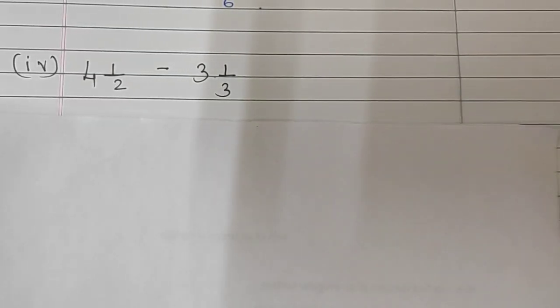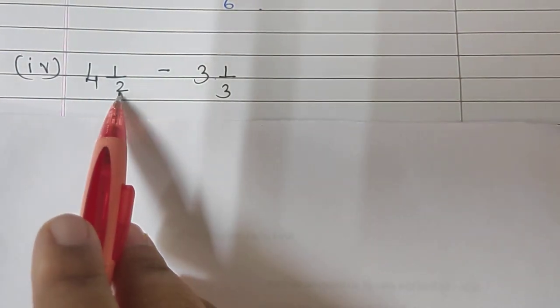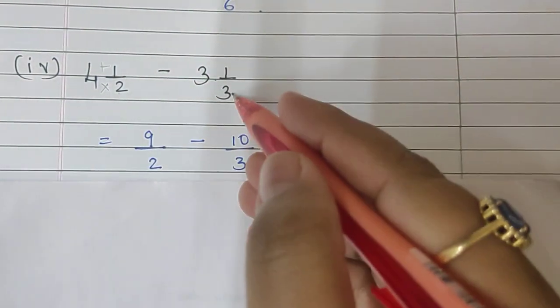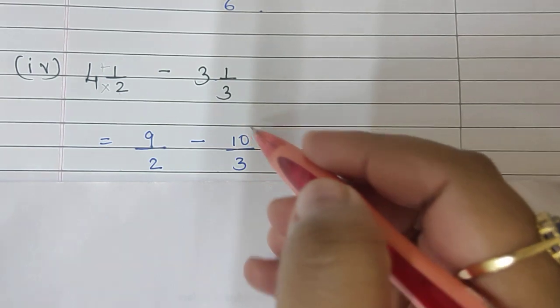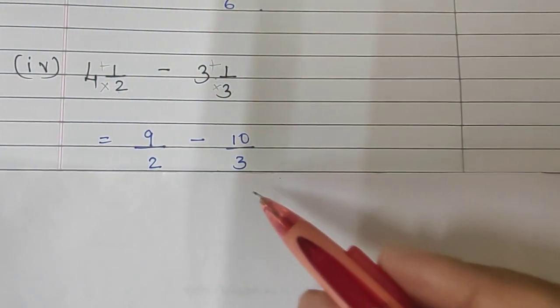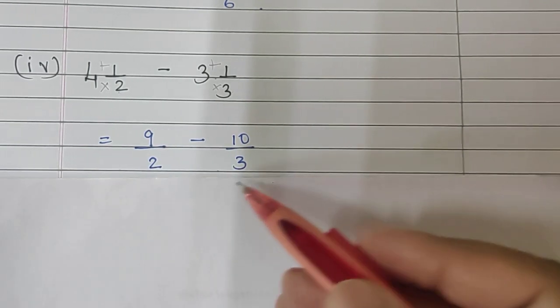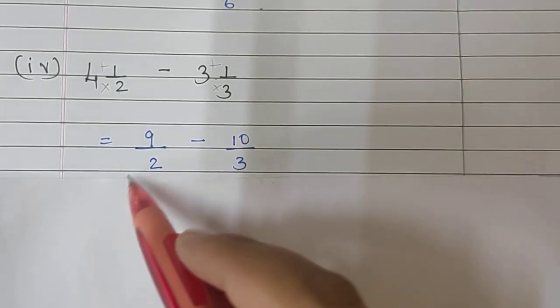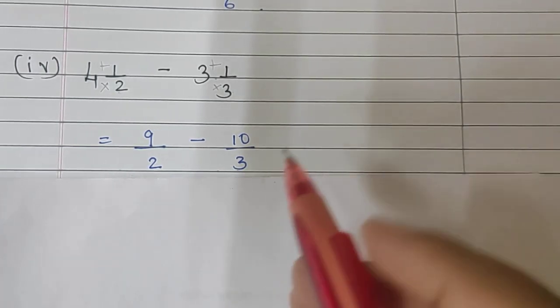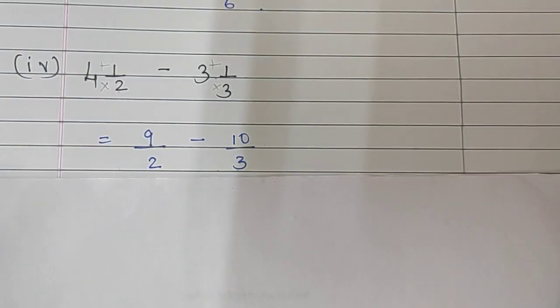The next sum, this sum also I want you to do first on your own and then watch the video. Okay. 2 into 4 is 8 plus 1 is 9. So this becomes 9 upon 2. 3 into 3 is 9 plus 1 is 10. So 10 upon 3. Here these two numbers, if we find the LCM of these two numbers, the LCM will be 6.